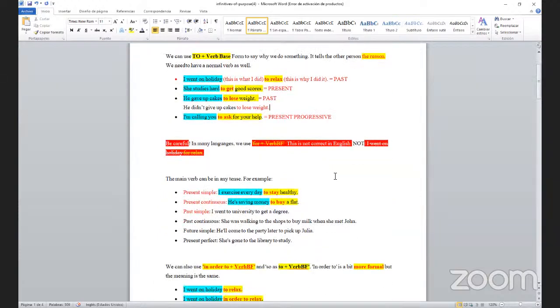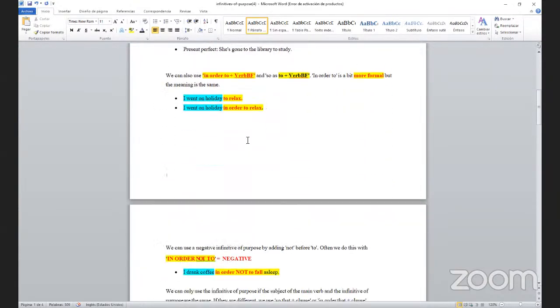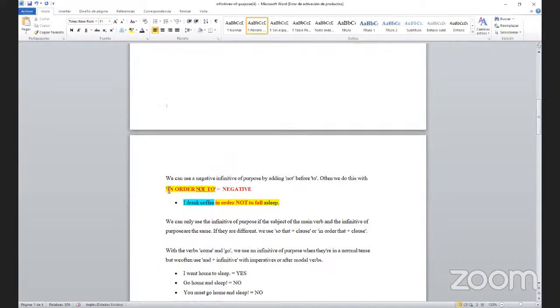But what happens in the formal way, in order to? We're going to use this structure. We always put in order not to, okay? In order not to, this is the negative. We always put in order not and after that to, because to and the verb have to be together, okay?